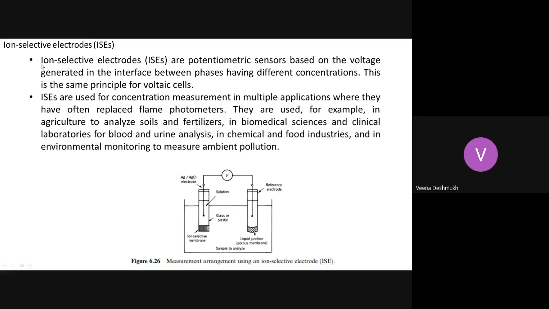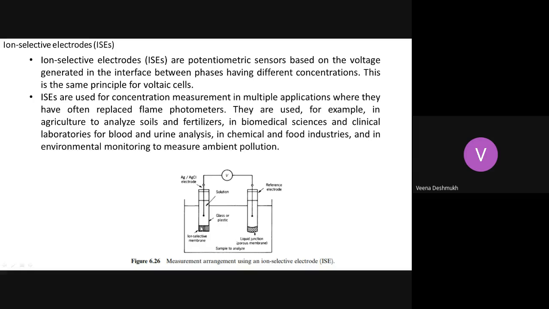Now here is one specific type, that is ion selective electrodes. What exactly do these ion selective electrodes mean? Ion selective electrodes are potentiometric sensors based on the voltage generated at the interface between phases having different concentrations.